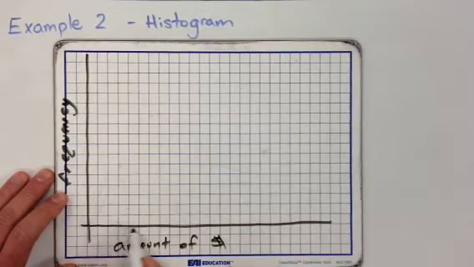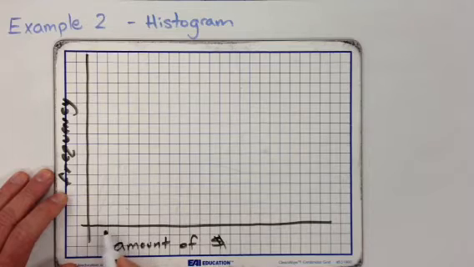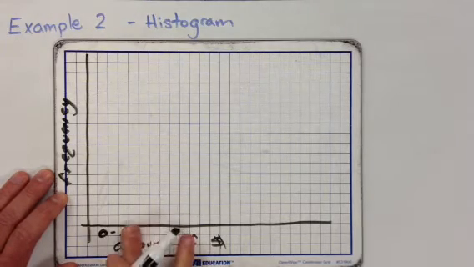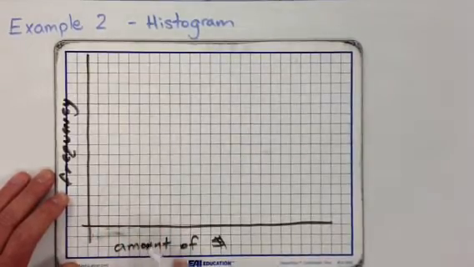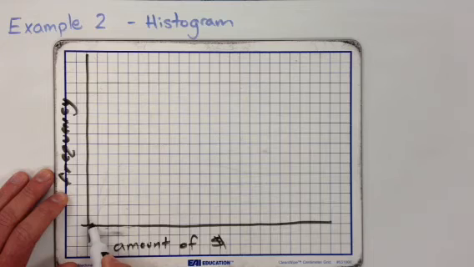Okay, I need to include down here the same ranges that I had in my frequency table. So specifically, down here will be 0 to 99 cents. Okay, and I'm going to move that over just a little bit. I'm going to try and give each one of these the same space. I have 4 different things I need to graph, so let's see, 1, 2, 3, 4, 5.